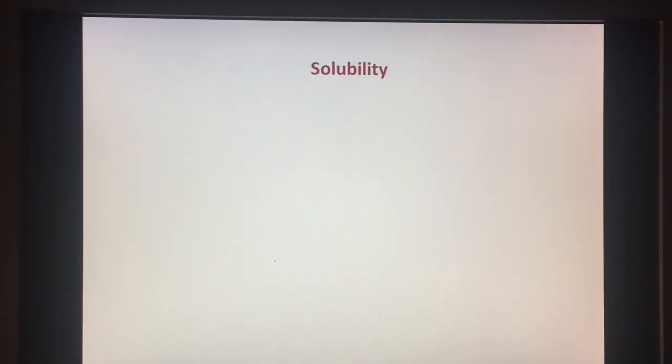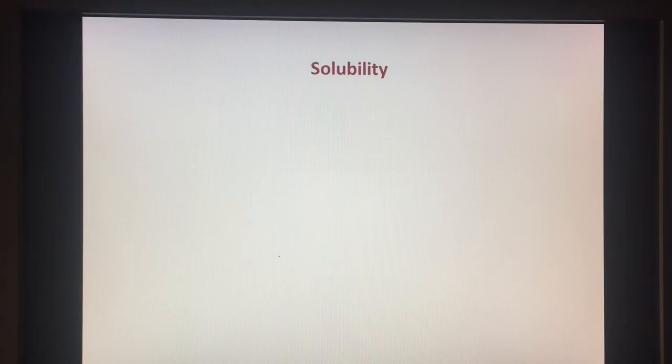Now another important parameter or property is the solubility of a drug. The solubility of a drug is very important for determining its absorption, distribution, metabolism and excretion, so we can say it determines the overall pharmacokinetic behavior of a drug.